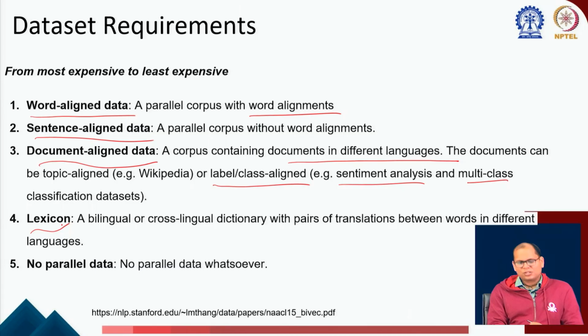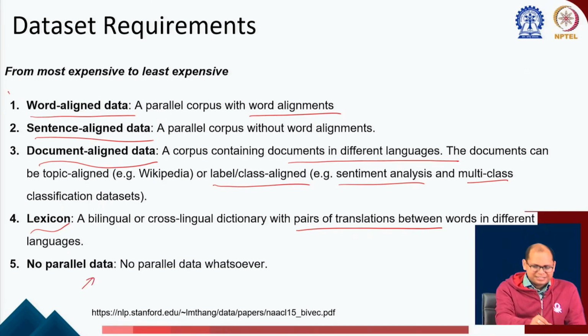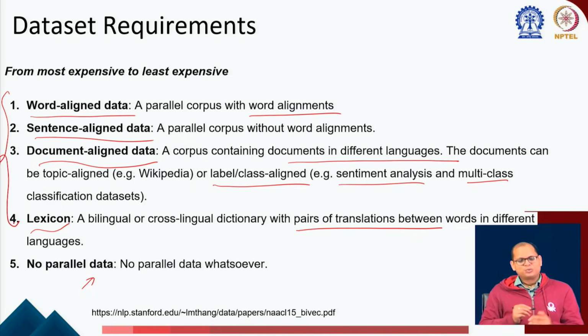Let us say you have a lexicon, a cross-lingual dictionary, where for certain words this is the translation. So, you just know the pair of translations, even though you may not have any parallel data even at sentence or document level. So, even that can be used, or the final method is when you have no parallel data whatsoever, right. So, we will typically see various methods where you use methods from 1 to 4.